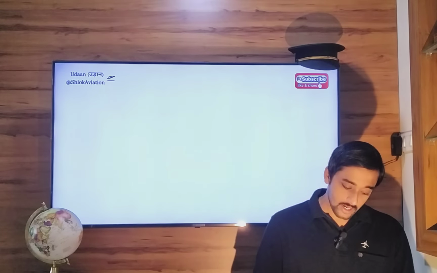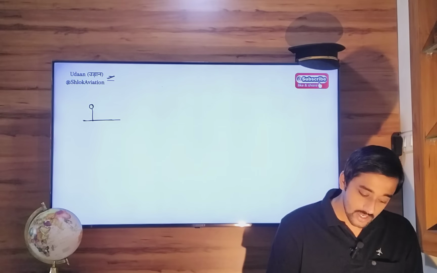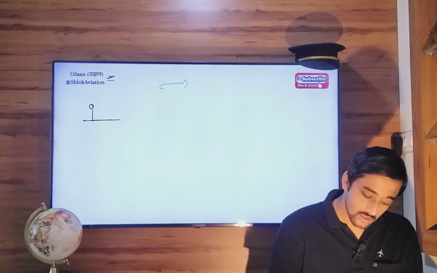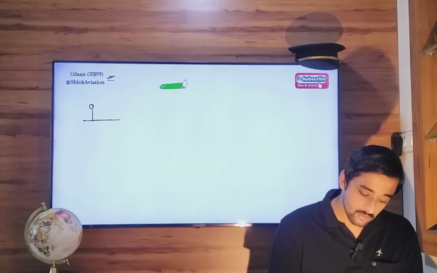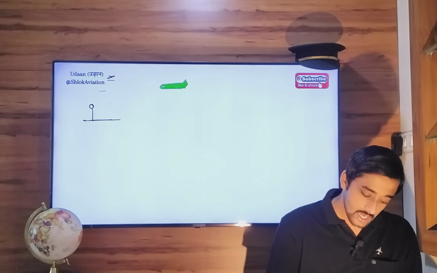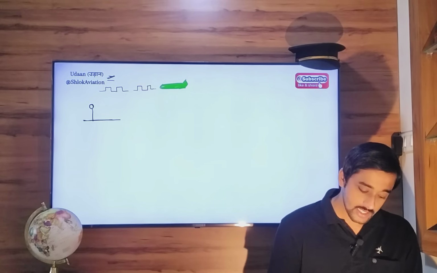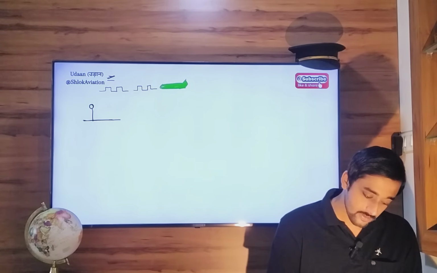So what is primary radar? Let's say this is your ground. This is your primary radar on the ground. There is an aircraft in the atmosphere. This primary radar will transmit radio pulses in the direction of this aircraft, let's say at a frequency f.